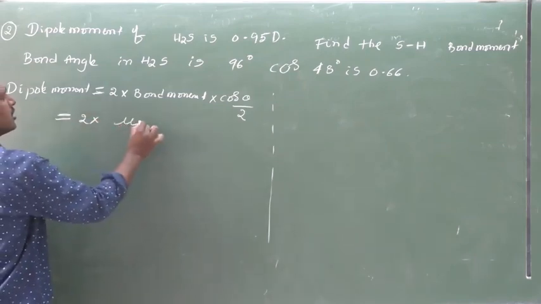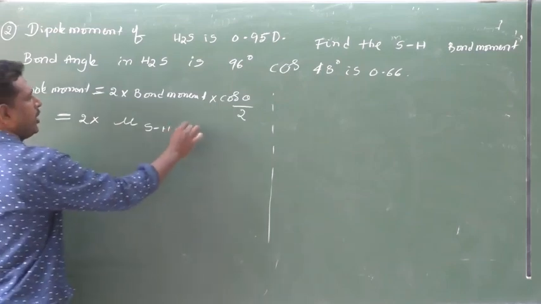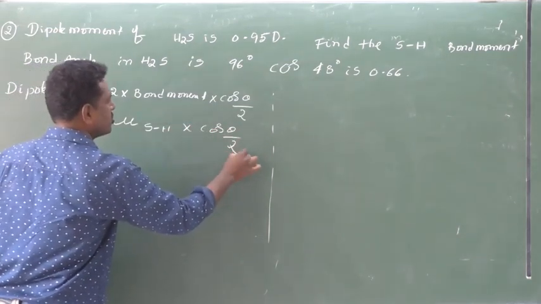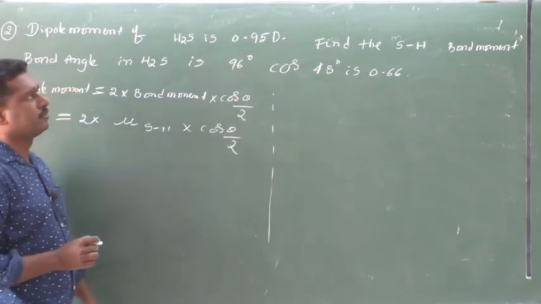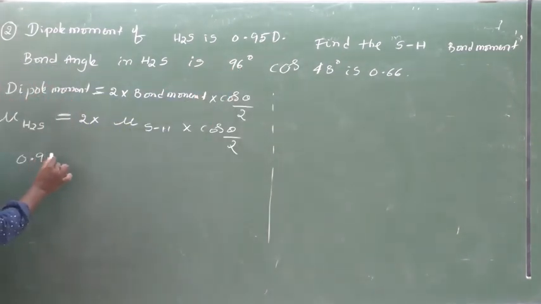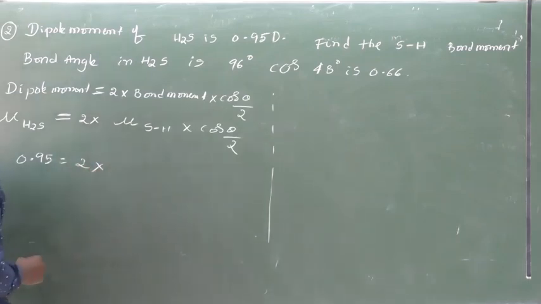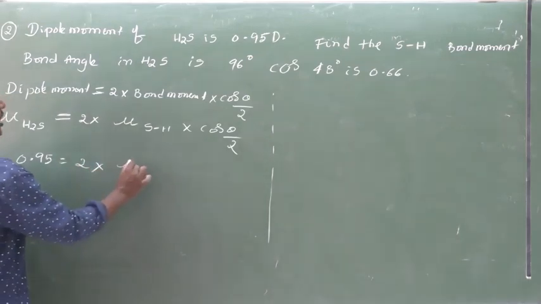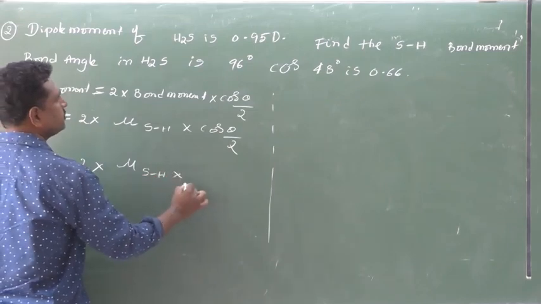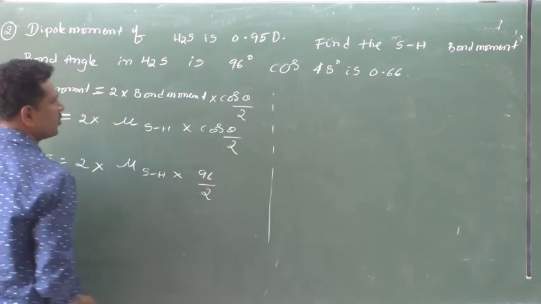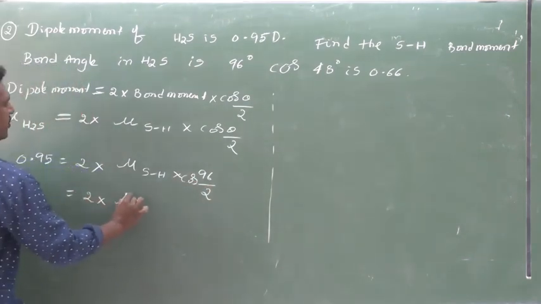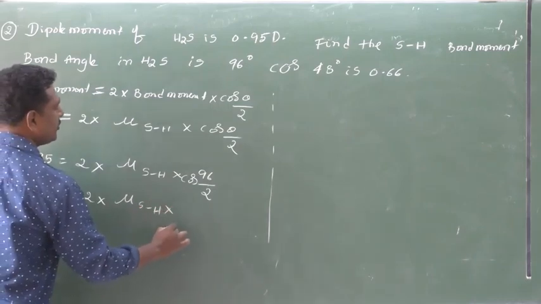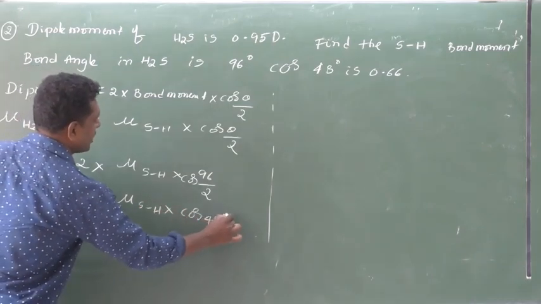So the dipole moment of H2S is given as 0.95, equal to 2 into mu SH into cos 96 by 2, that is 2 into mu SH into cos 48 degrees.